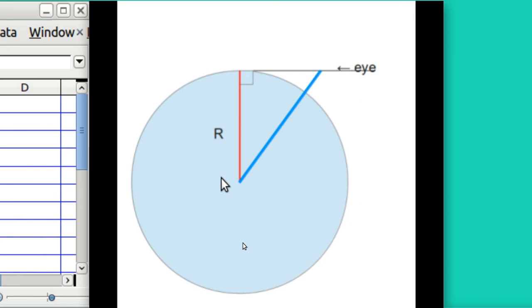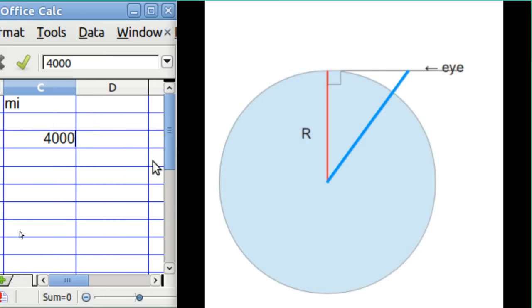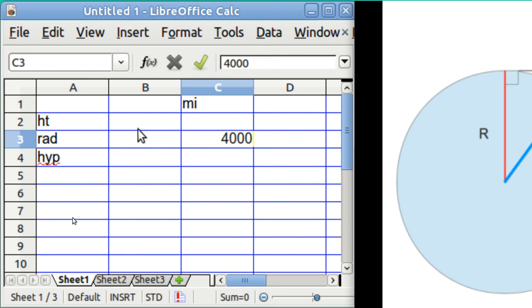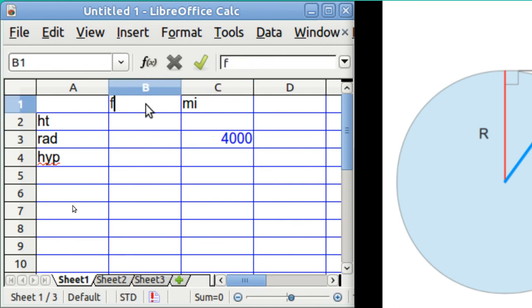The hypotenuse, the longest leg of the triangle, consists of the radius plus your height off the ground. Well, your height off the ground in feet is going to be 6. So the hypotenuse is going to be 6 feet plus 4,000 miles.